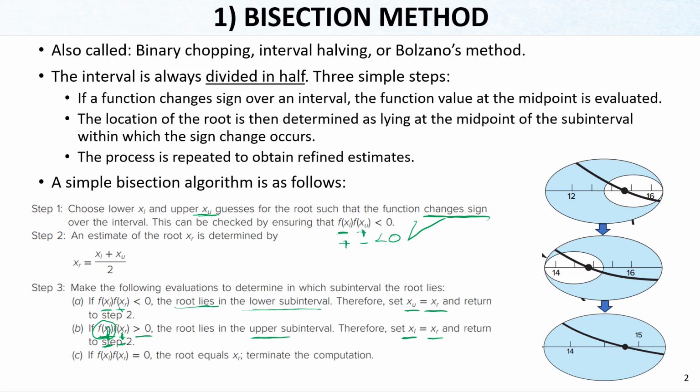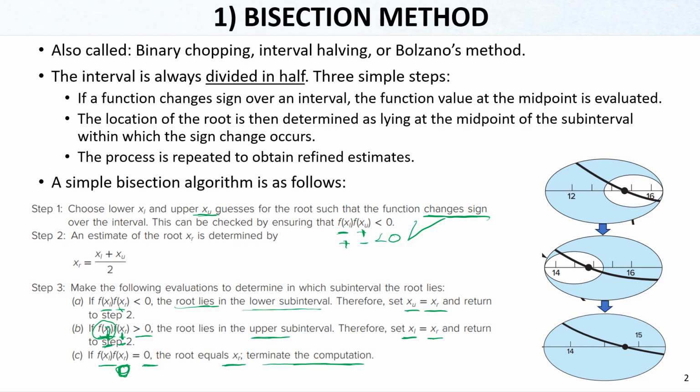The third alternative, which is not likely actually, is that the multiplication of these will be 0. Then we actually find the exact root value, because that means this is 0. If this is 0, we want the function to be 0 anyway. xr makes the function 0. Then we find xr and we terminate the computation.